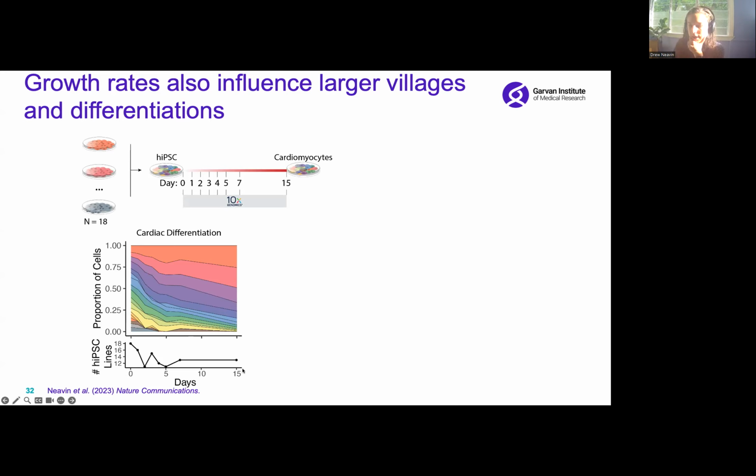And we do see, again, that we lose some of the cell lines across this differentiation. It's a 15-day differentiation, but we do maintain most of the lines. So we still have 12 cell lines that we can detect at the final time point, although we do see expansion of some of these lines that really takes up the ability to detect some of the other lines.